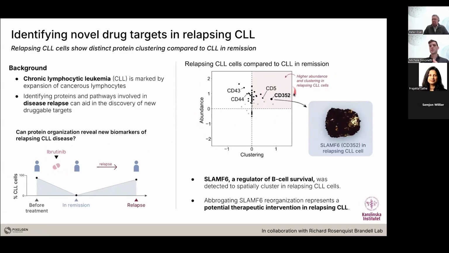So we can, for instance, look at CD352, which is SLAMF6, which is a regulator of B cell survival that was detected to spatially cluster in relapsing CLL cells. And as you can see in the spinning cell here, in yellow, you can see the clustering of the marker. So you can speculate, for example, that abrogating SLAMF6 reorganization might represent a potential therapeutic intervention in relapsing CLL cells.